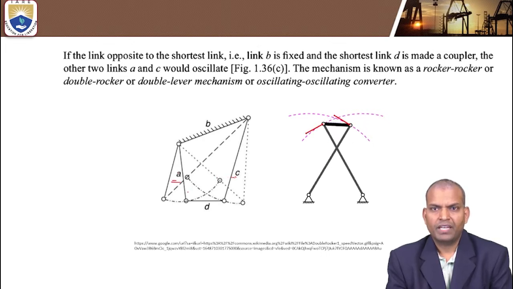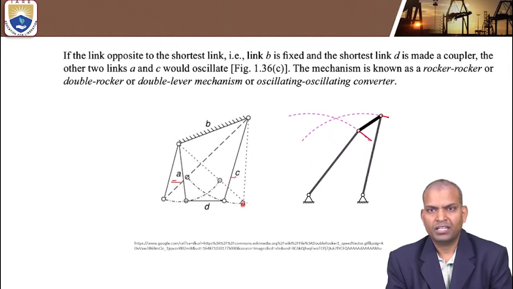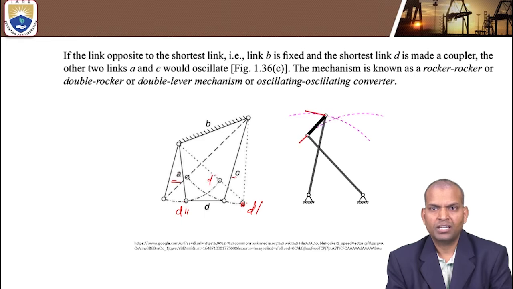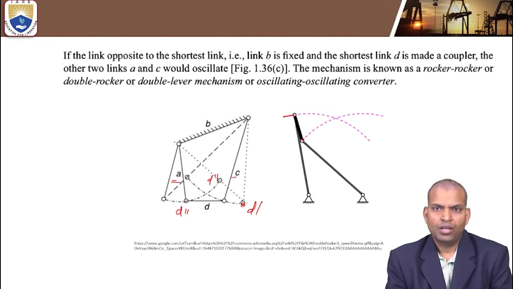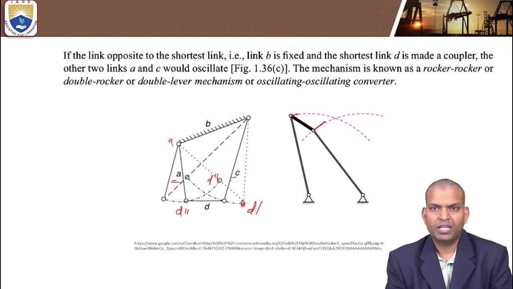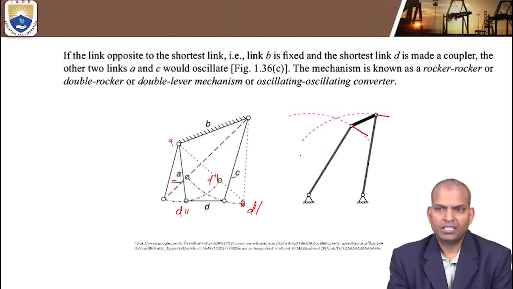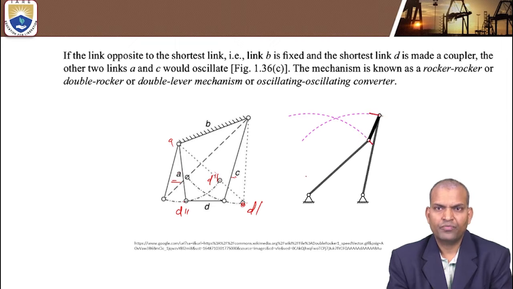When link A approaches the extreme side, where does it go? The midpoint of D, when D becomes D dash, the center point becomes D double dash, and A to D double dash, similarly it oscillates. Now I am showing in this animation, I fixed link B and kept it down.